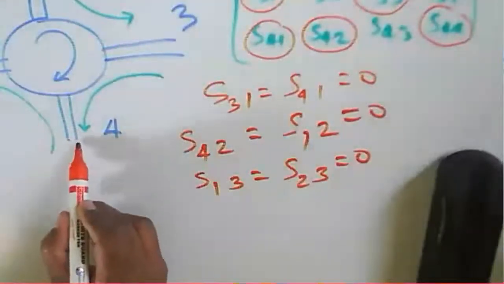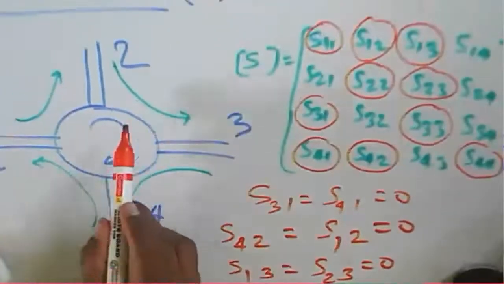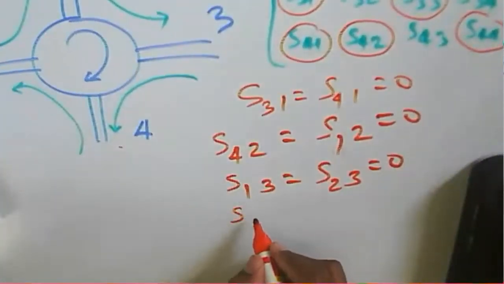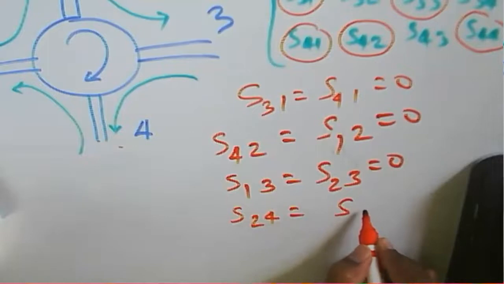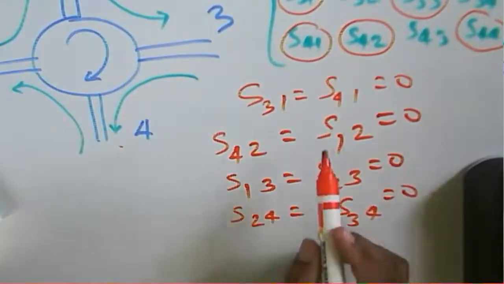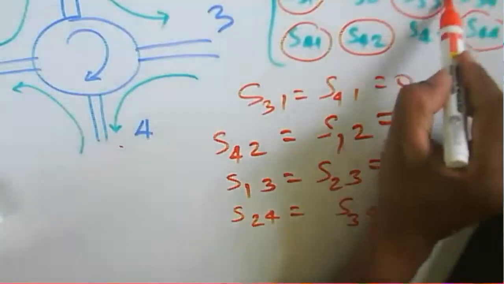Next, if we provide the input to port 4, power will be available at 1, no coupling to port 2 and port 3. Then S24 is 0, S34 is 0.